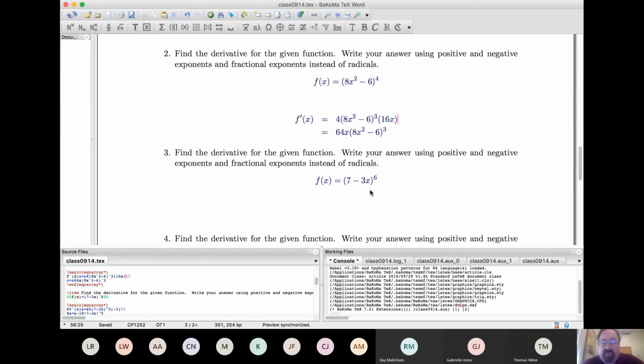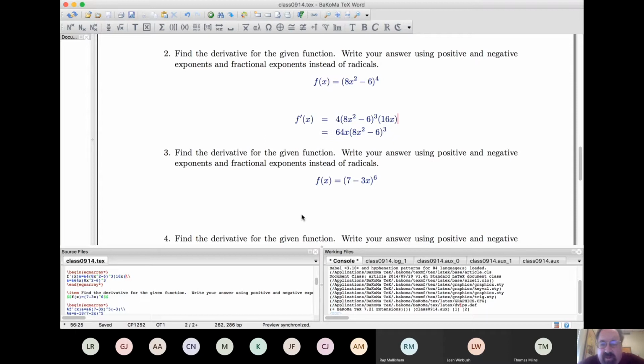What would this one produce? What would the derivative be in this case? Would it be negative 18 and in parentheses 7 minus 3x to the 5th power?